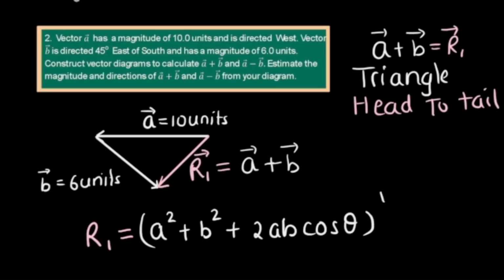Now these A and B are magnitudes of the vectors A and B respectively, and this theta is the angle between vector A and vector B.